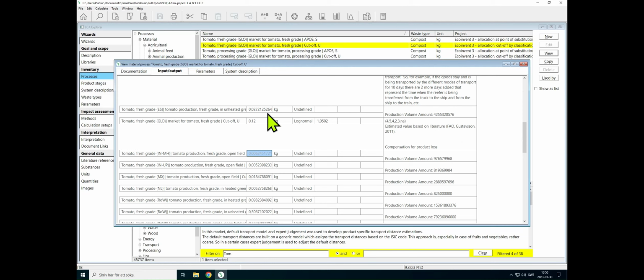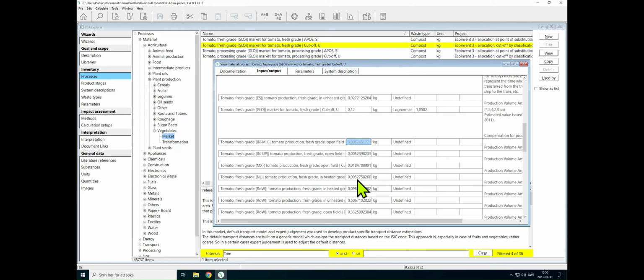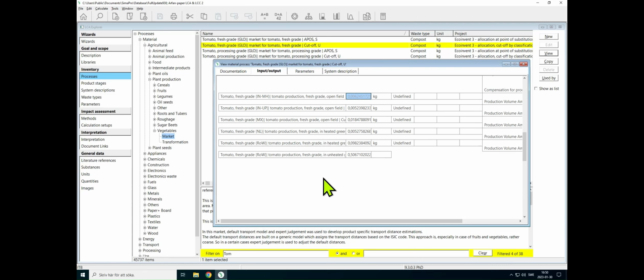So it means that for 1 kg of tomatoes in the global market, around 0.5% of the tomatoes are coming from the Netherlands.